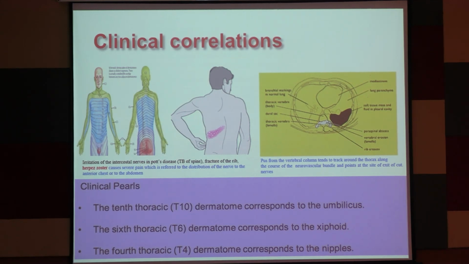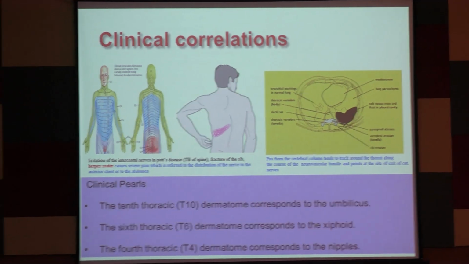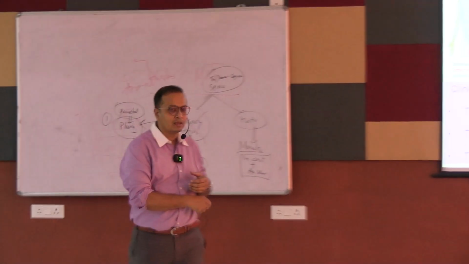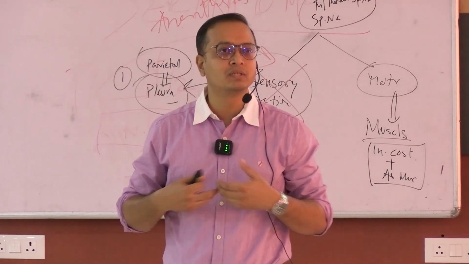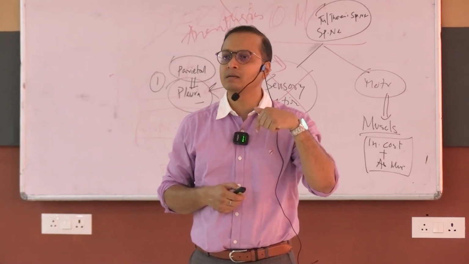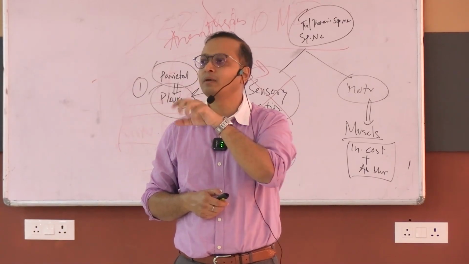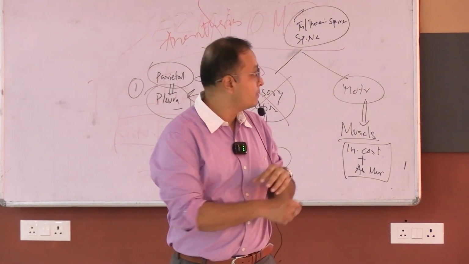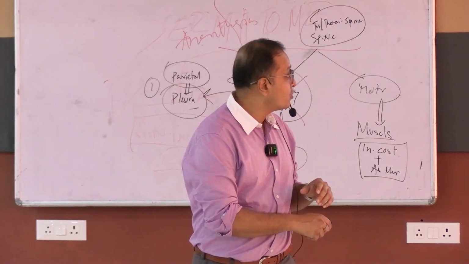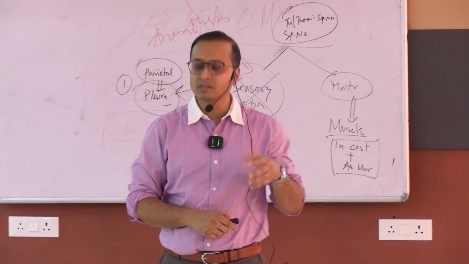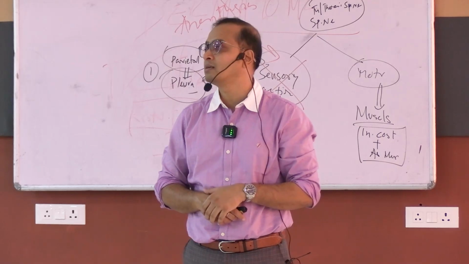It will be releasing the toxins along nerve T6 as it progresses. Once the toxins come out, they will take the form of blisters or burns as they reach the part of the skin supplied by T6. That means the xiphoid region will show some blisters. The other part of the skin will be intact, with no harm to it. So we call this a dermatome pattern of dispersion of toxins in herpes zoster virus infection.